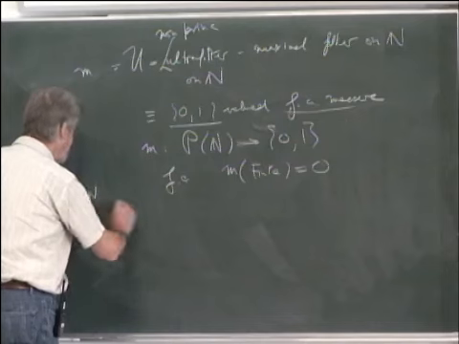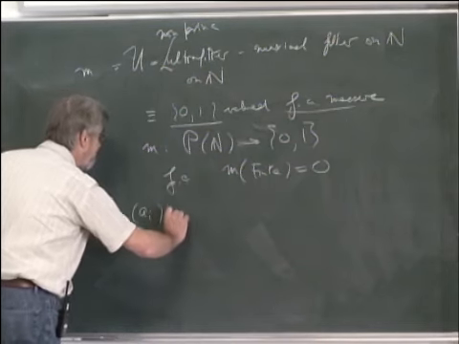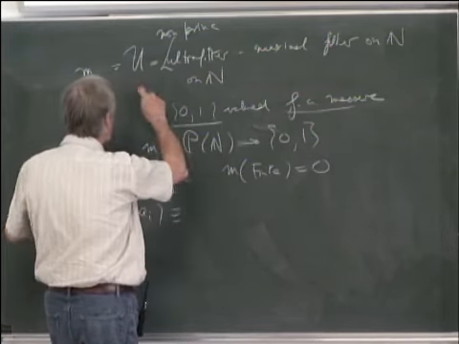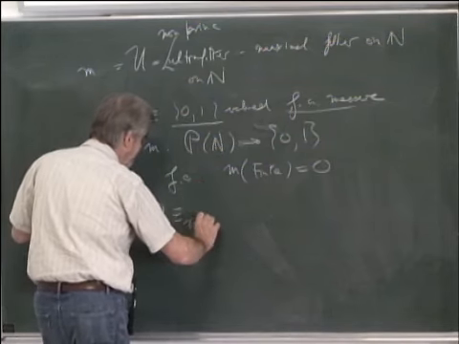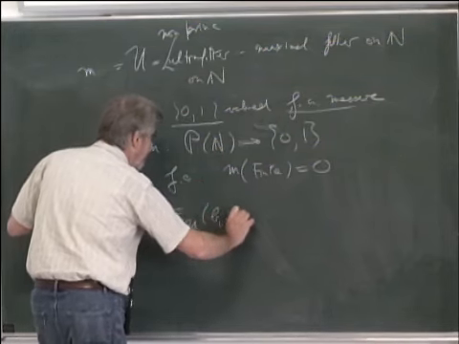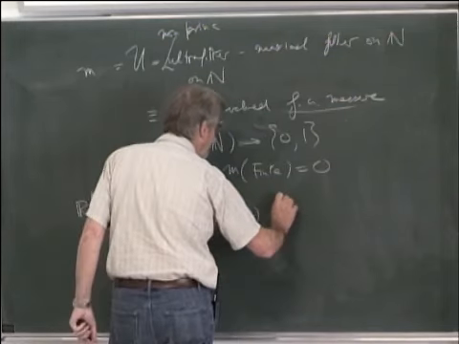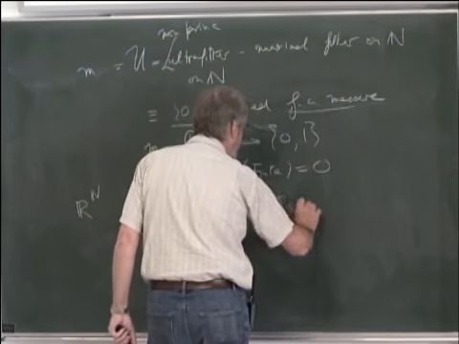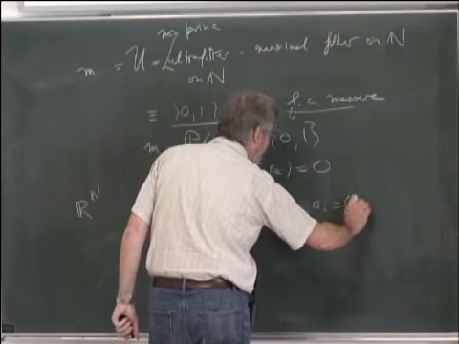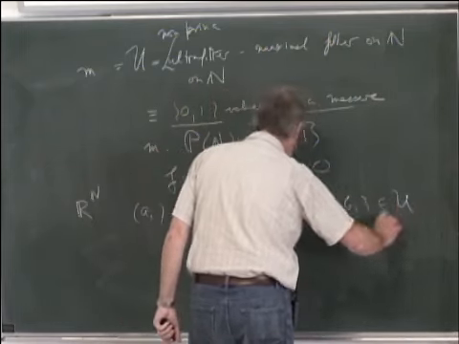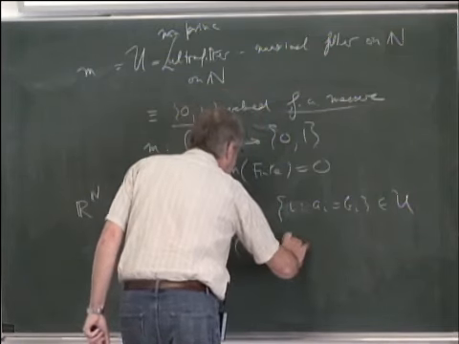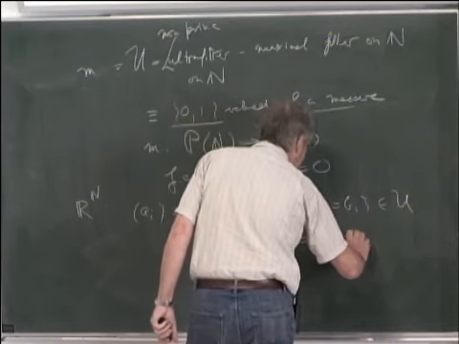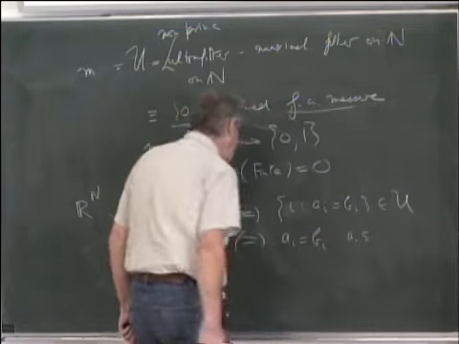If you have two elements in here, they're equivalent with respect to the ultra filter if and only if the set where they're equal is in the ultra filter, or another way of putting that is to say that a_i equals b_i almost surely with respect to this measure.